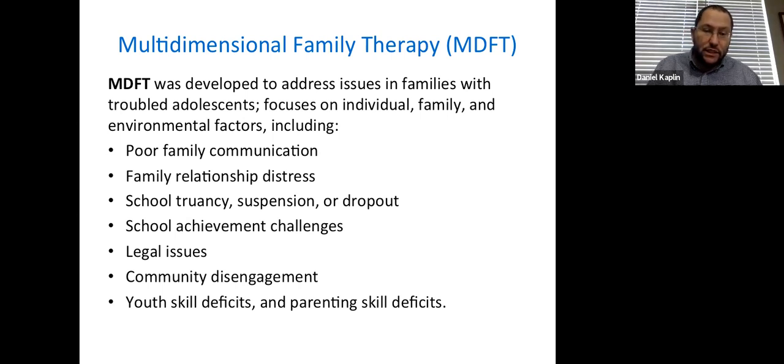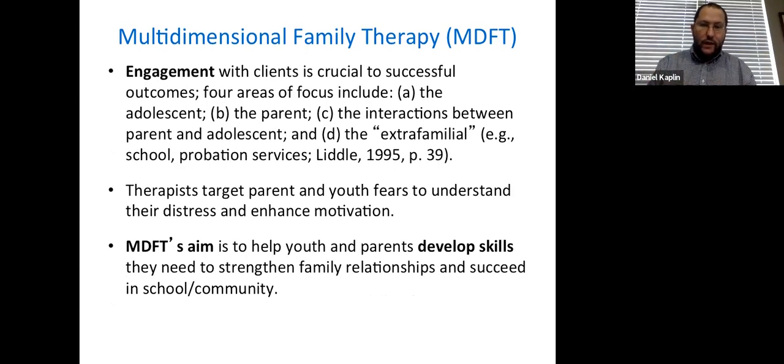It could be legal issues. It could be that the child doesn't have the social skills. So what are we doing? We're assessing the various domains: your home life, your school life, your social life, your legal experience. So we're trying to get a fuller picture and address the wholeness of the problem, right?